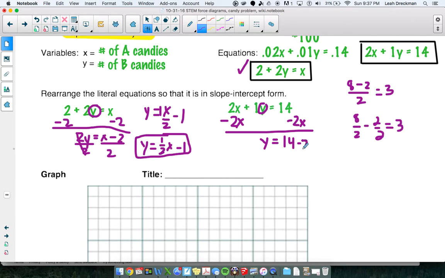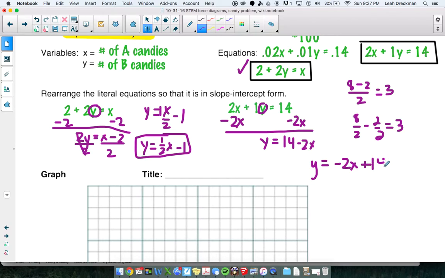I always put my x term first when I rewrite it, so that way it looks like y equals mx plus b. So my negative 2x can be the first term. Notice I kept the sign with my -2. 14's positive, so I'm going to put plus 14.